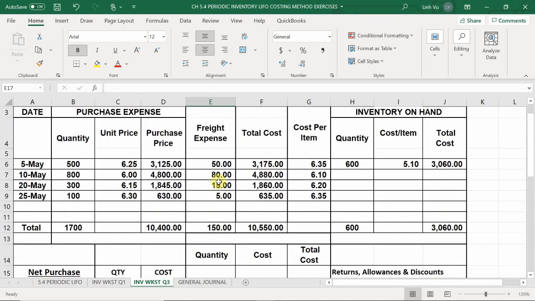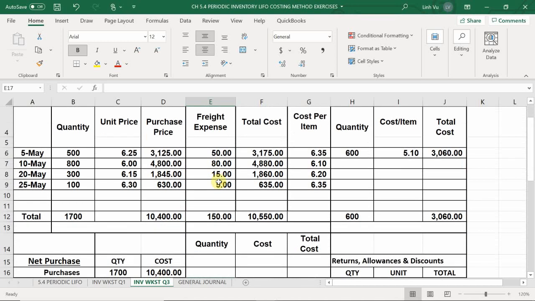Now, if we are doing LIFO, which batch are we going to take away from first? The 25th. Good.